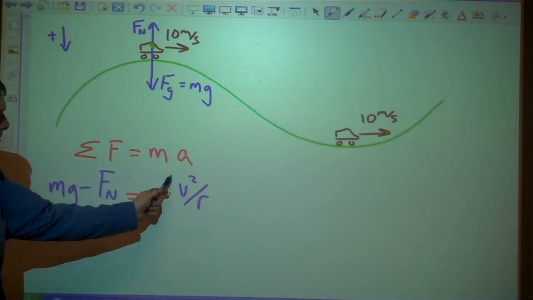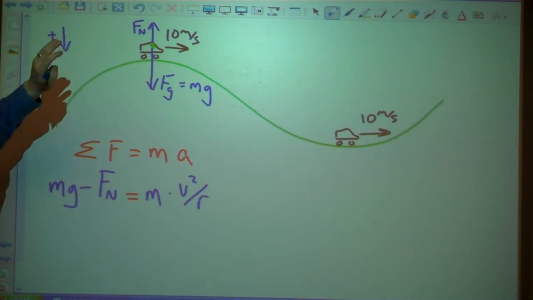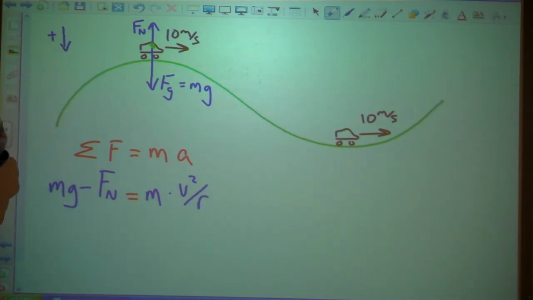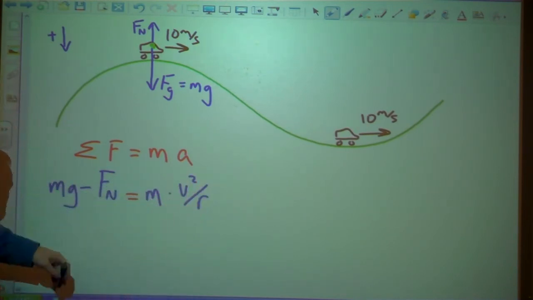And again, I know that this is a positive acceleration because I made it so. And I fear I make that mistake when I don't do it this way. I don't want to forget that negative sign here, so I'm just making towards the center of the circle my positive direction because that is the direction of the acceleration. So now I've got this equation here.